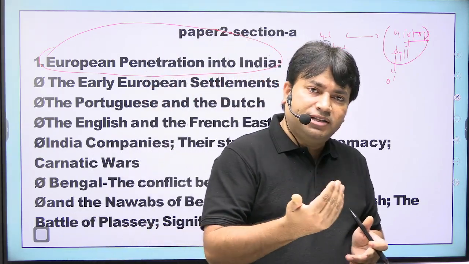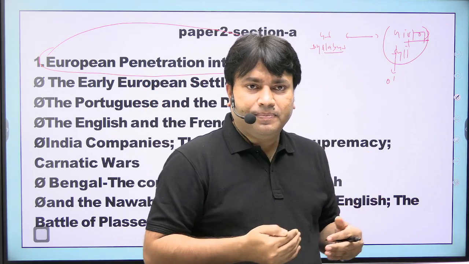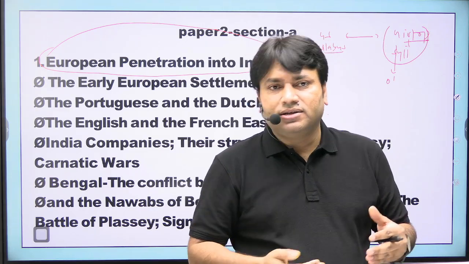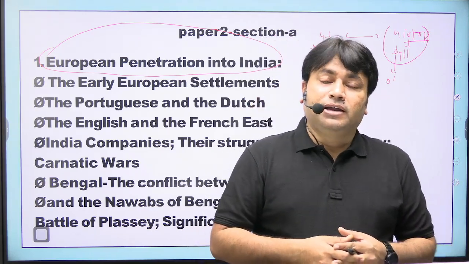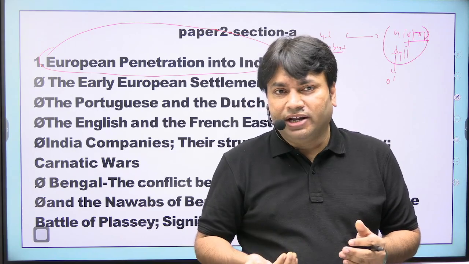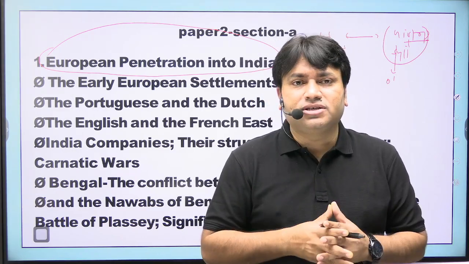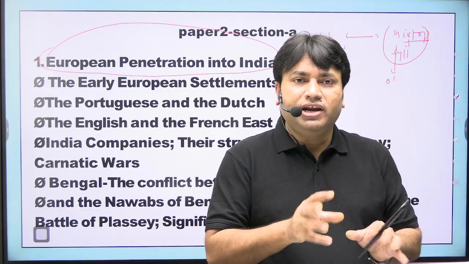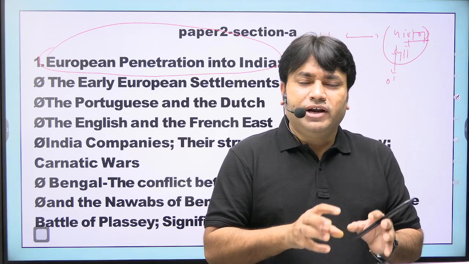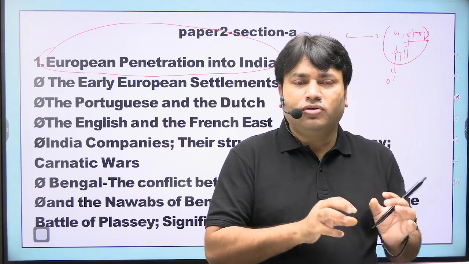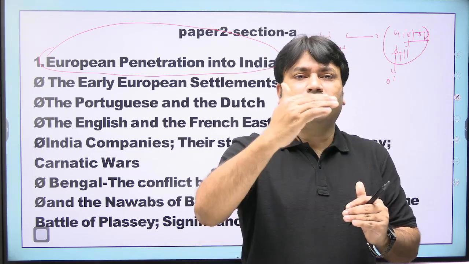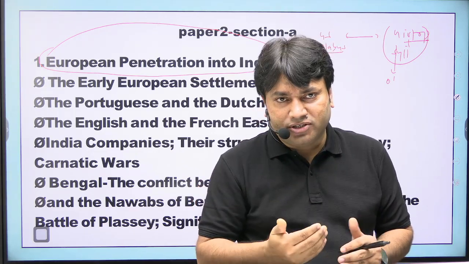We also read why the Portuguese came to India, how they started acquiring territories, and how they tried to build an empire, but there were limitations due to which they failed. On the same pattern, we read about the Dutch, the English, the French, and the Danes, and we read a lot of facts in this process.